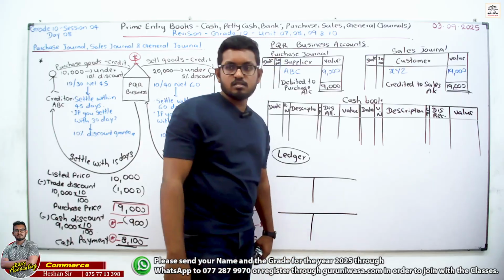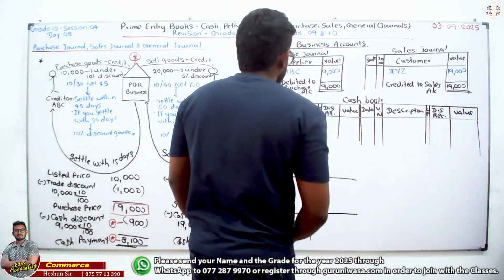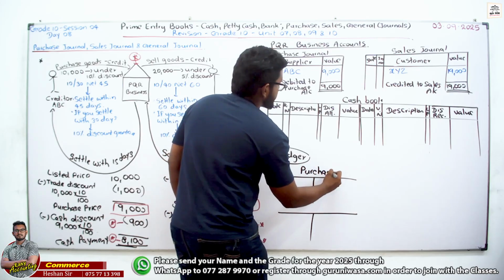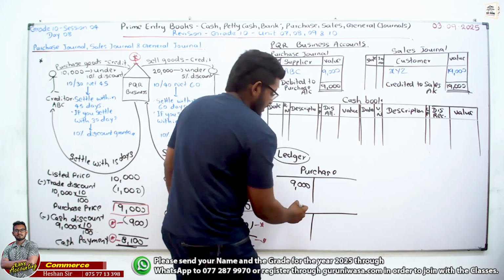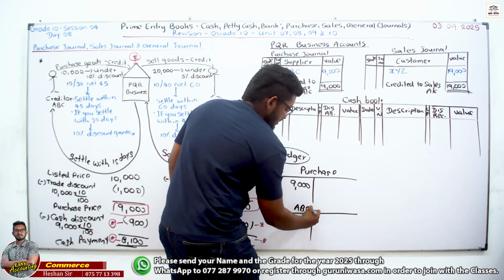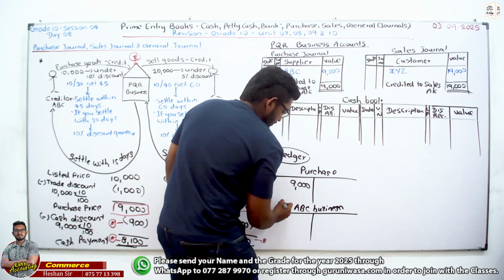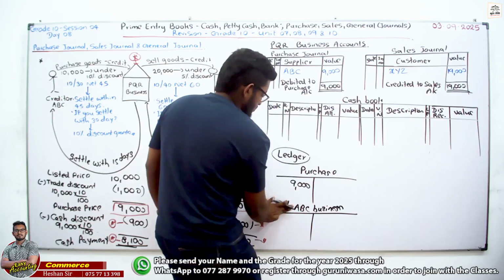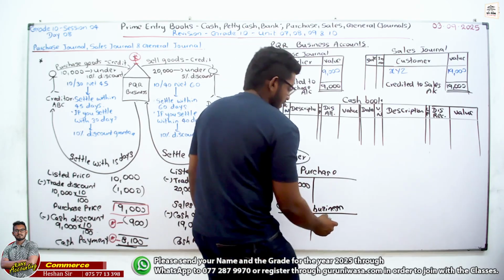Easy, understand? I purchased 9,000 worth of goods, so at month end I debit purchase account 9,000. The relevant creditor, ABC business account, credit 9,000.